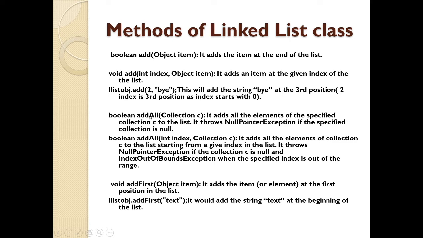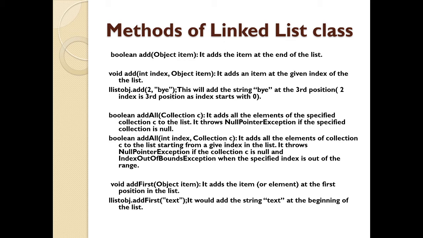When I'm going to say addAll, I need to pass the parameter, that is collection C. So this is going to add all the elements of the specified collection C to the list. Again, if all the elements are added, it is going to return true, or if the elements are not added, it is going to return false. So the return type is Boolean.